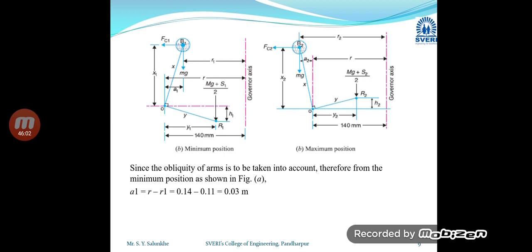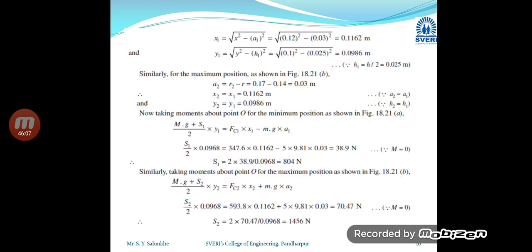So while writing the equation, we can write it as (mg + S2)/2 multiplied by y2 is equal to Fc2 multiplied by x2 plus mg into a2.